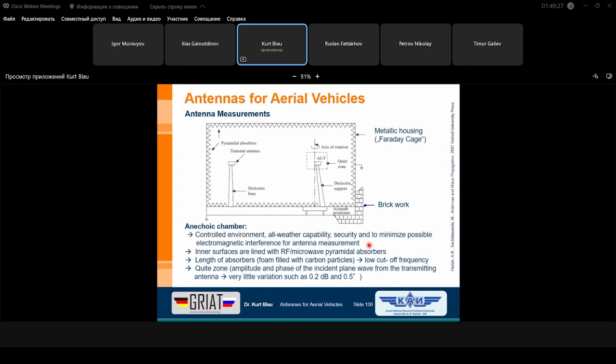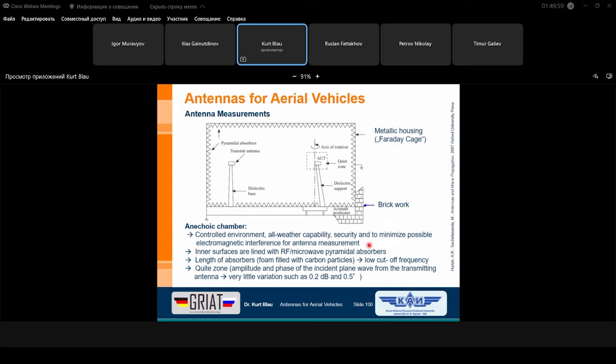What I want to say is you have a lot of unwanted electromagnetic radiation, and if you want to measure your antenna in such a scenario, it could be impossible to make measurements at certain frequencies, because from outside they are working at the same frequencies you want to measure.